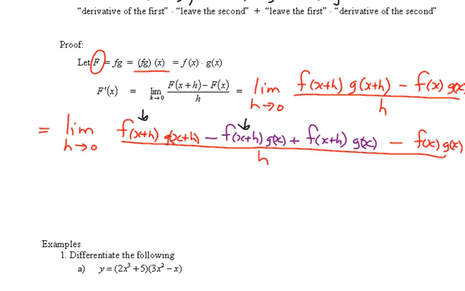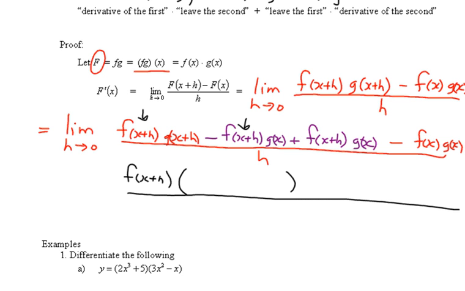We're going to factor that out. All right, so I'm going to factor out the f of x plus h. What would be left in the bracket from the first two terms if I factored out the f of x plus h? Yes, g of x plus h minus g of x.